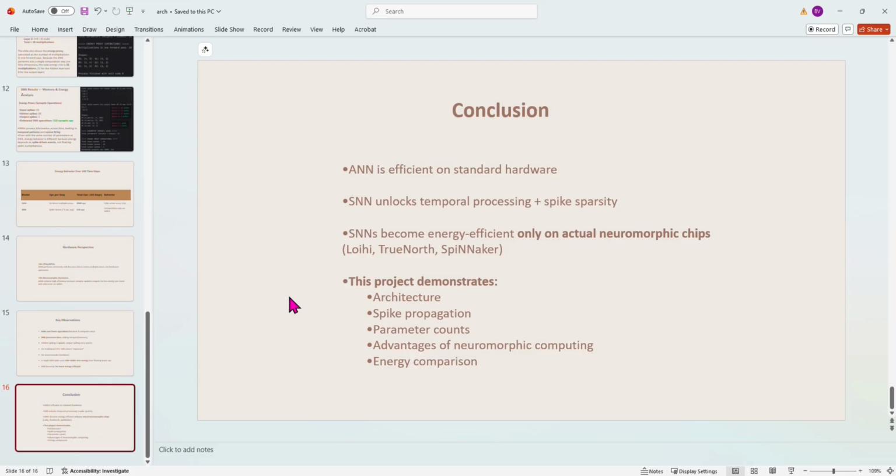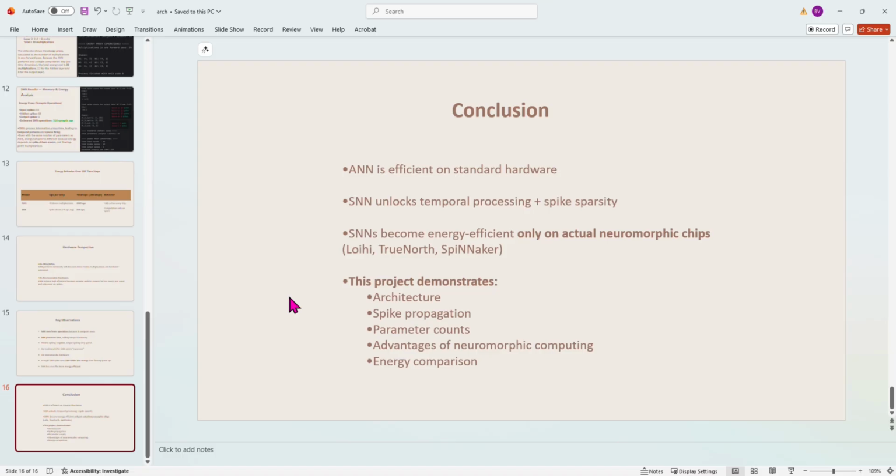So just to conclude here, what we learned from this project: ANN works extremely well on standard hardware. Because CPUs and GPUs are optimized for dense matrix multiplication, ANN is fast, efficient, and easy to run. SNN provides unique advantages in temporal processing and time-based signals, meaning they are naturally able to handle time-based signals.